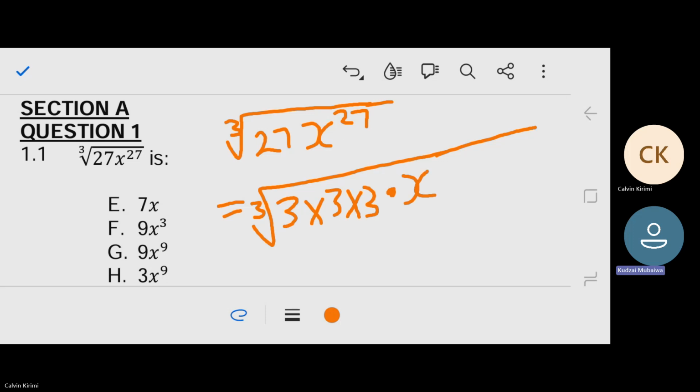Hello? Yes, sir. For us to get x to the power 27, we multiplied what by what? We're multiplying 9 by 3.